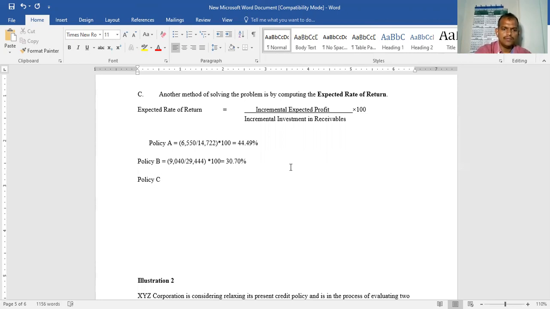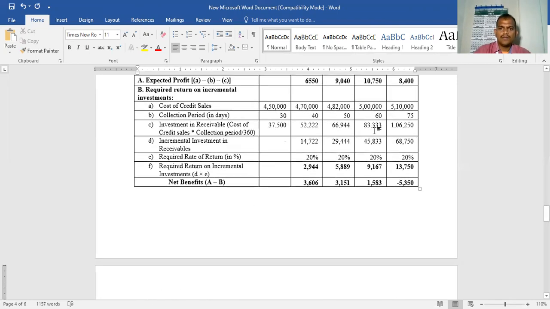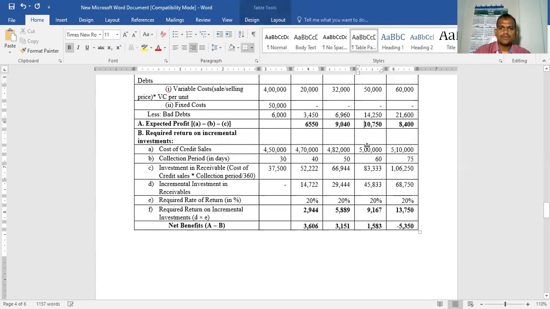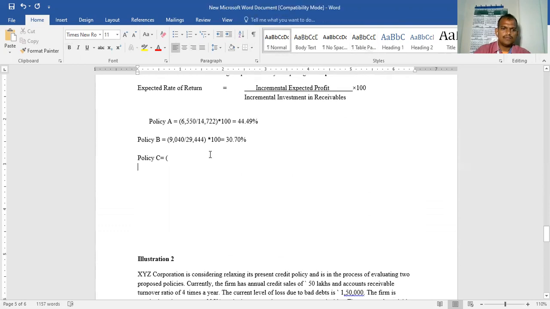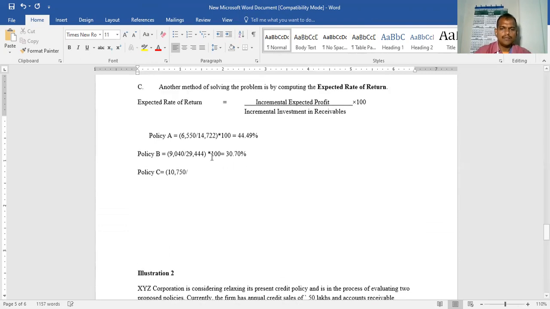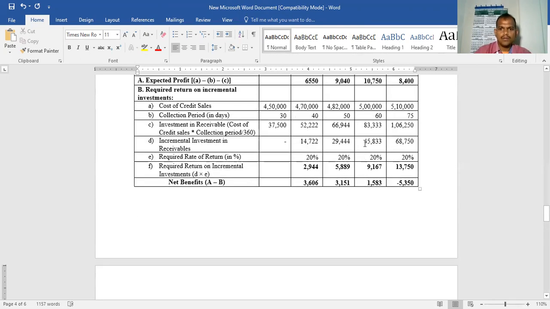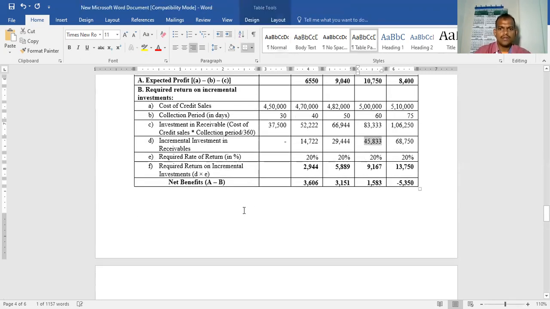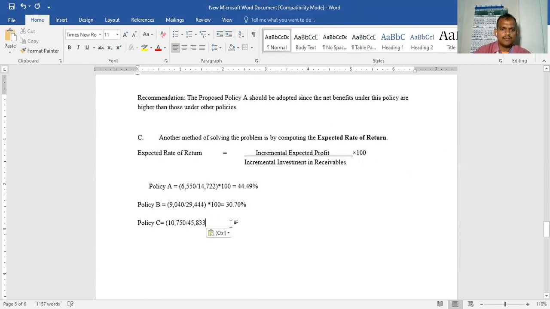Policy C, 10,750 by 45,833 into 100, 23.45%.